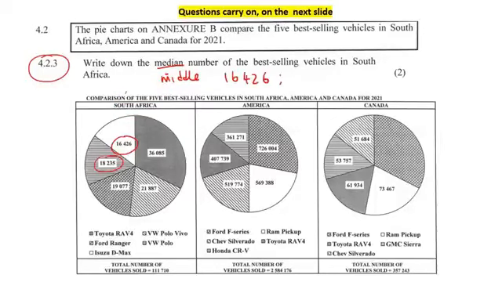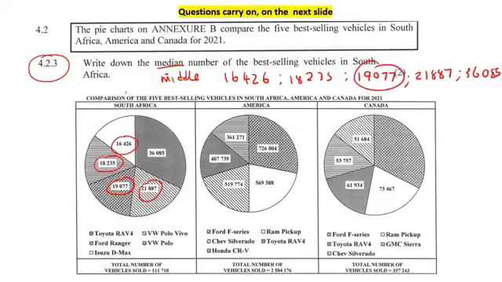Next smallest is 18,235. Next smallest is 19,077. And then 21,887 and 36,085. Now looking at that, which number's in the middle? Well, that's 19,077. So that would be our final answer.